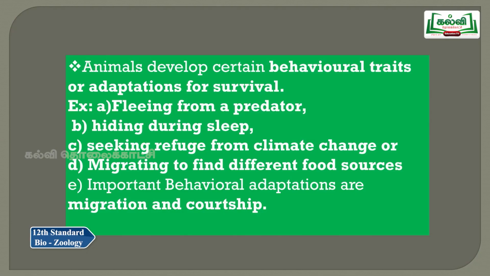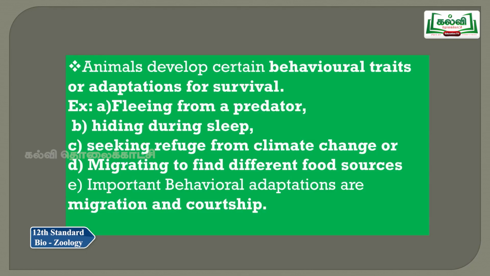The second one is hiding during sleep, so that it is not disturbed while sleeping. It will go into burrows or holes, if it is an insect, a rat or a mouse, it will go deep into the soil so that it cannot be caught by any foxes, wolves or other organisms.